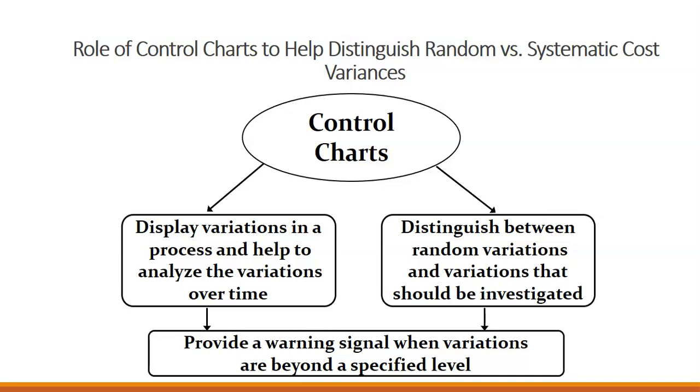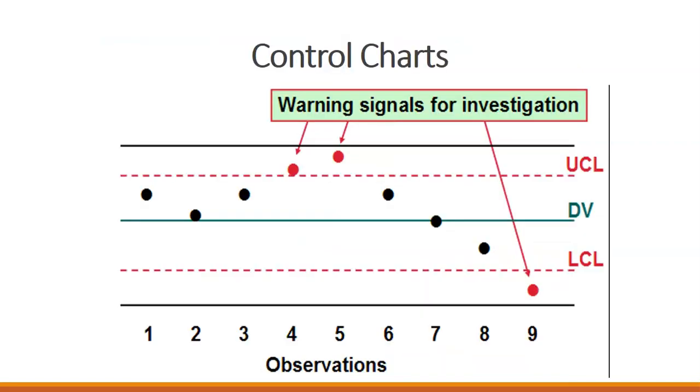For example, there's a control chart on the next slide where we've looked at warning signals for investigation, where we've had variables that don't fall within a certain threshold. In this example, we have some that are high and some that are low. We would want to look at those outliers instead of the ones within a normal range of business activity.